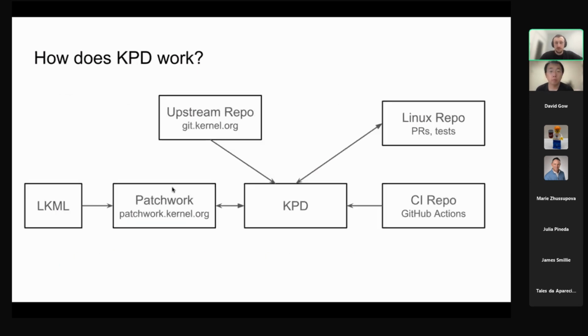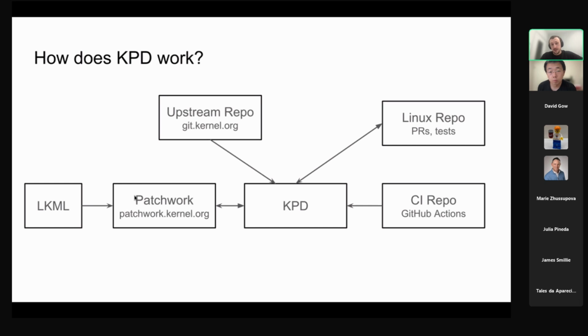So how does it work? What are the components? It obviously needs to talk to Patchwork to be able to request data, because read-only access, I believe, is available without any keys. By the way, KPD can run in read-only mode, although it would disable some of the features it has.